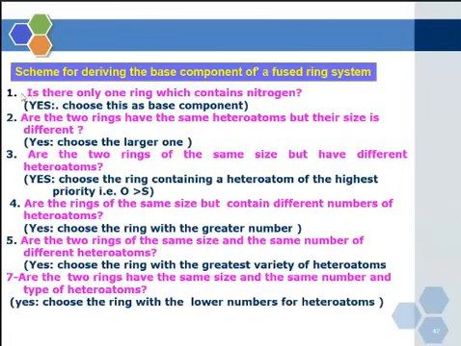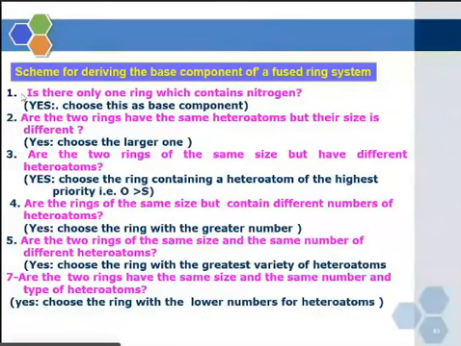So, as a conclusion, what we can say is, the scheme for deriving the base component of a fused ring system says the following questions should be asked. Number 1, is there only one ring which contains nitrogen?